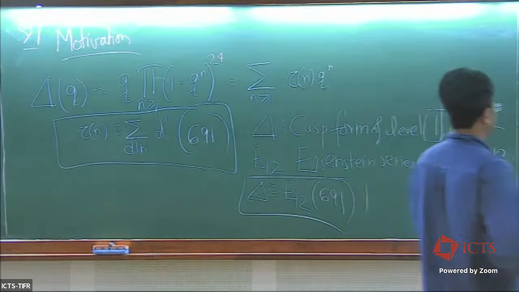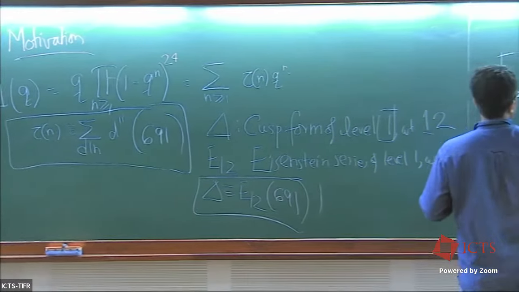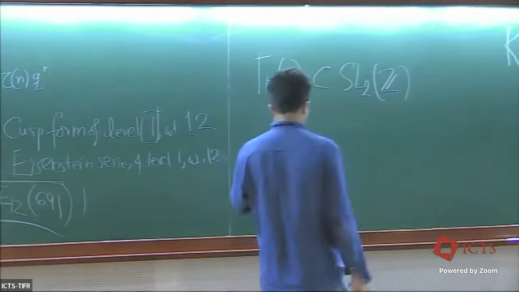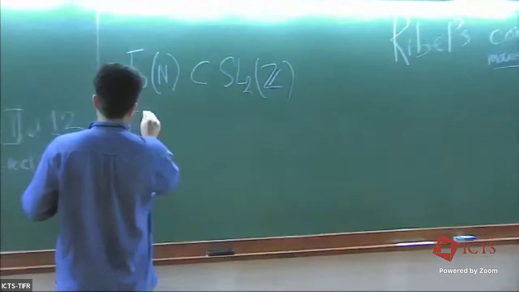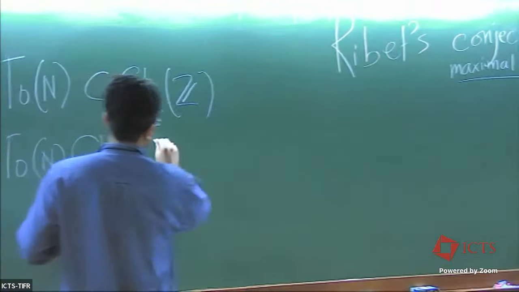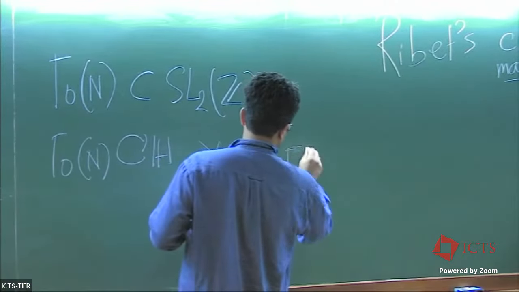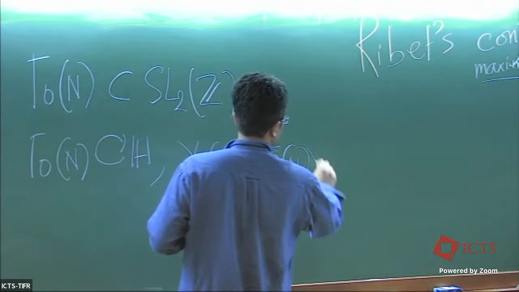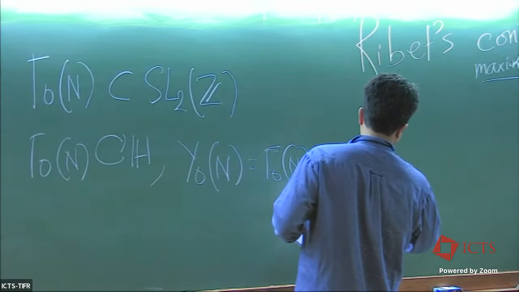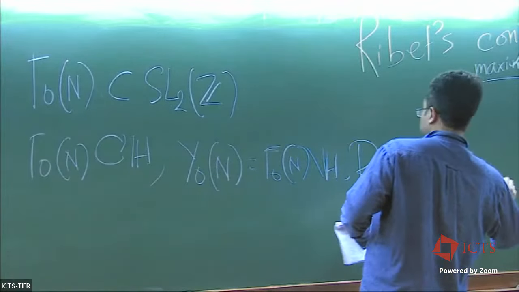Let's go slowly. You have this congruence subgroup Gamma_0(N) contained in SL_2(Z), and Gamma_0(N) acts on the upper half plane. So you have modular forms, and you have Y_0(N), the quotient of the upper half plane. This is a Riemann surface. Unfortunately, this is not compact.